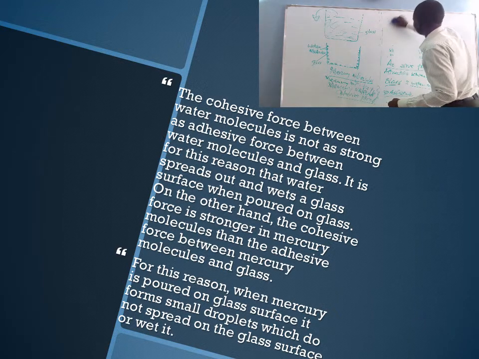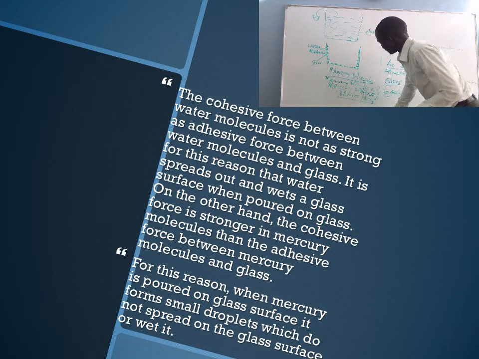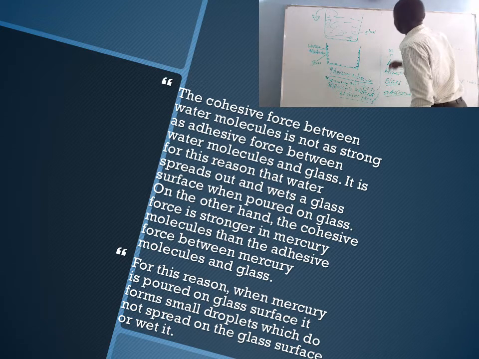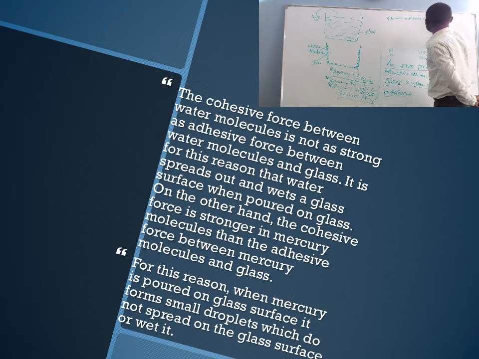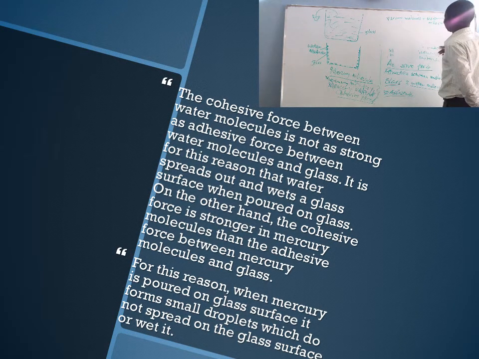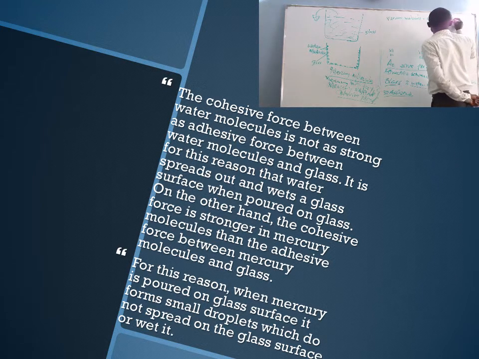So what are we saying? Now, what we're saying is that a mercury molecule attracted to another mercury molecule, in this kind of attraction, there is cohesive force.